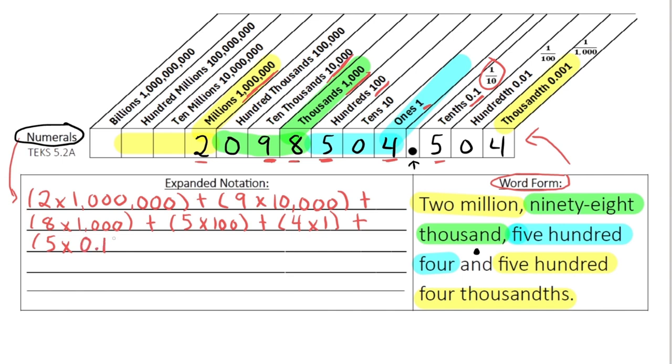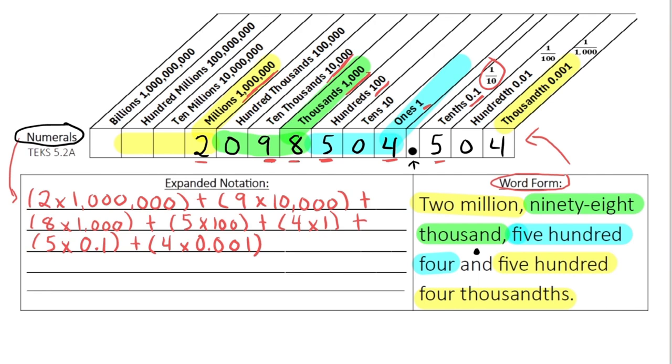And remember, to write tenths, it's a 10 backwards with a decimal after the first 0. That's the way to remember it. And then I have a 4, and that one is in my thousandths place, and the decimal form of that is 1,000 backwards with a decimal after the first 0. And there we go. You're done with that.